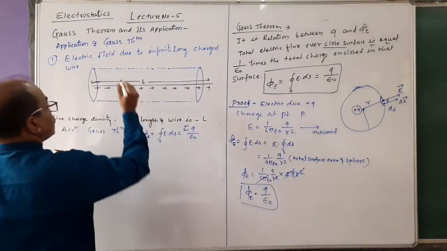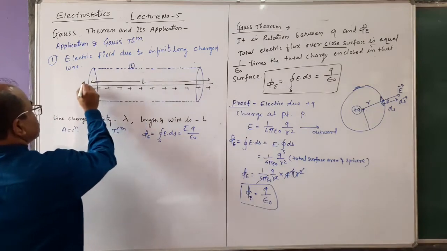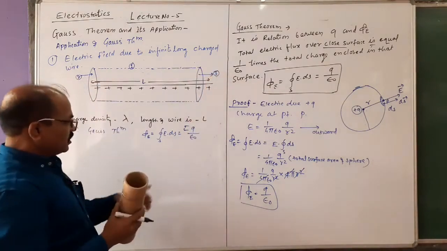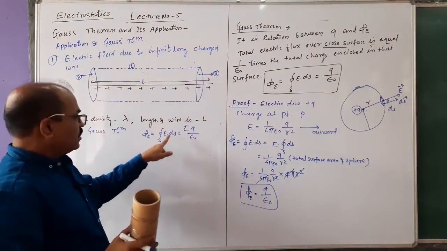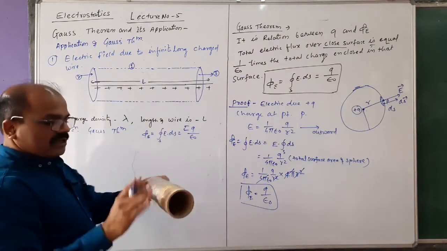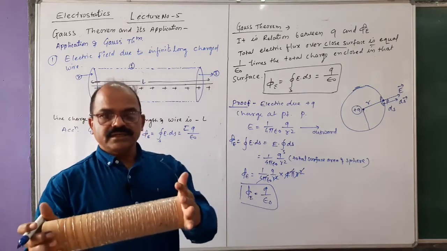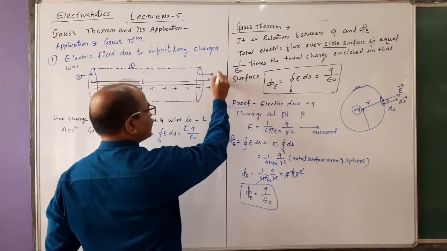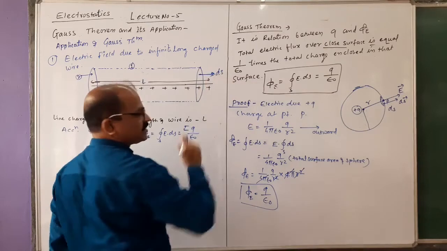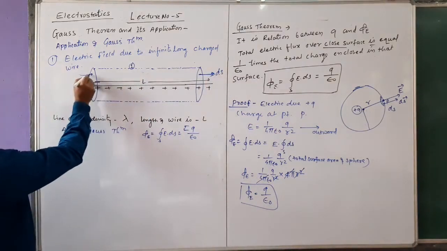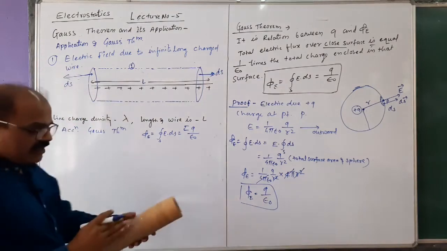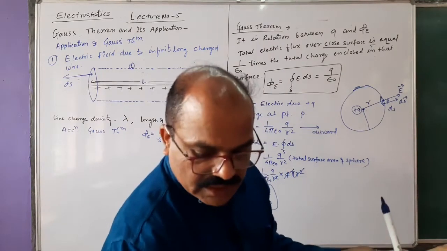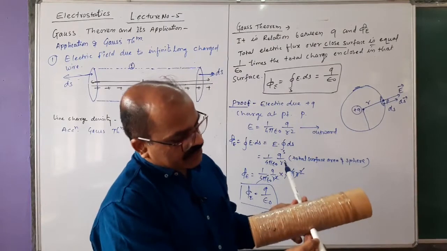It has three surfaces because the term dS is a surface element. If there are three surfaces, what will the surface element be? For each surface, dS will be perpendicular to the surface. For the curved surface, the perpendicular will be like this, and for the second and third surfaces, the perpendicular will be here and here.